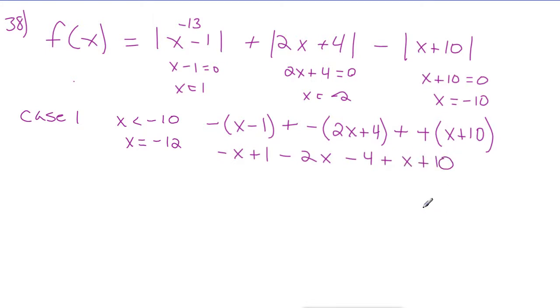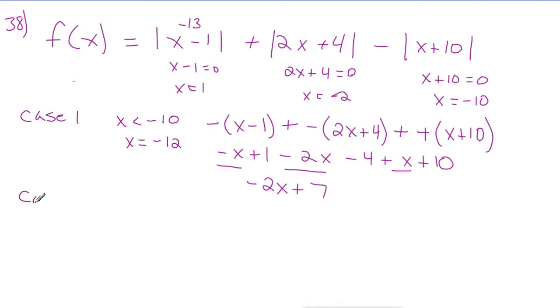Now if we simplify this together, combine our like terms, negative x, negative 2x, positive x, we'll end up with negative 2x. 1 minus 4 is negative 3. Negative 3 plus 10 is 7. Plus 7 here.